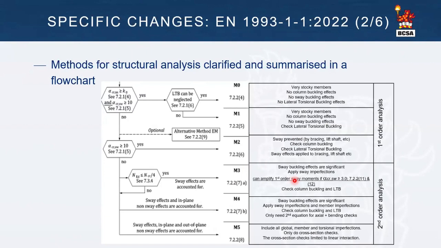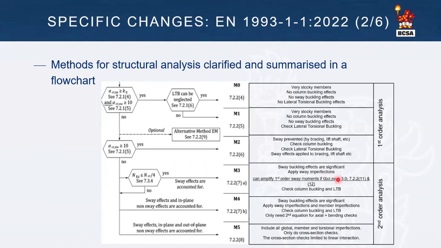This will be applicable, you can see here in the other question box, to buildings where the columns are not very slender, and this is assumed to be for an axial load not greater than N-cr over 4. Note that this is not the same as alpha-cr. Alpha-cr is for the whole structure, whereas N-cr is for a compressed member that is considered to be pin-ended.